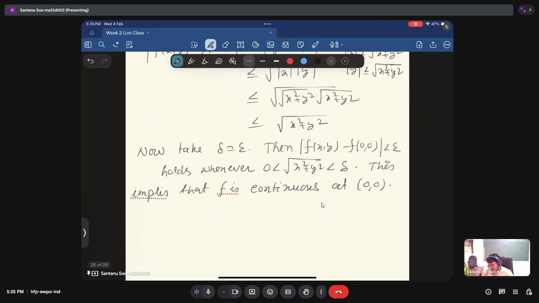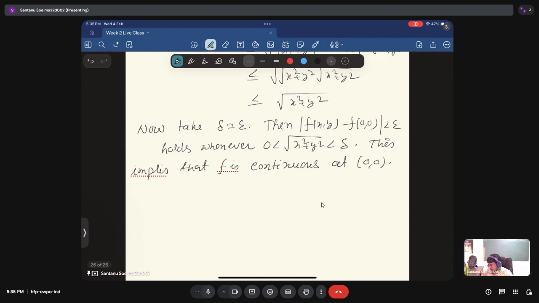Okay. So now we have to check whether the function is differentiable at (0,0) or not. And before doing so, we have to find out the partial derivatives at the point (0,0) with respect to x and y.